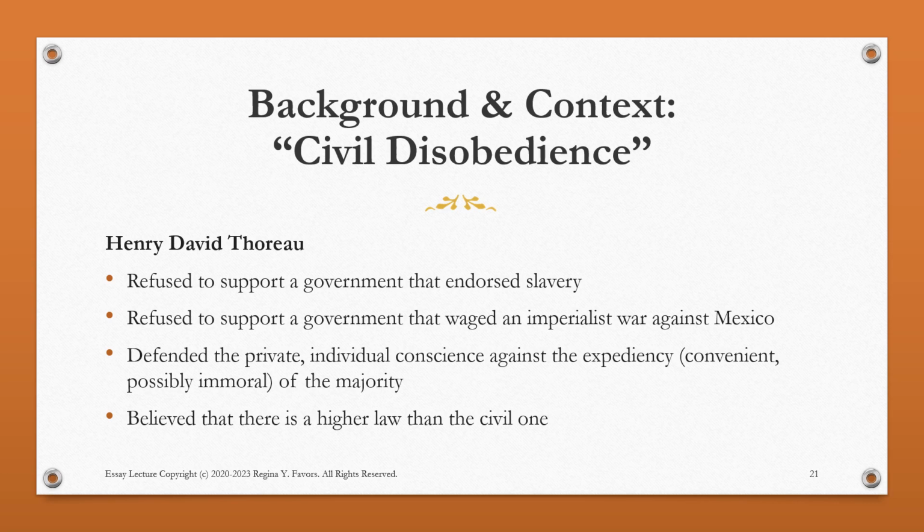He also refused to support a government that waged an imperialist war against Mexico. And then he defended the private individual conscience against the expediency of the majority. And then he believed that there was a higher law than a civil one. So basically, he's suggesting that there is a theocracy over a democracy, whereas the people at that time valued a democracy only if it applied to, say, the owners of America at that time, the colonists, right?